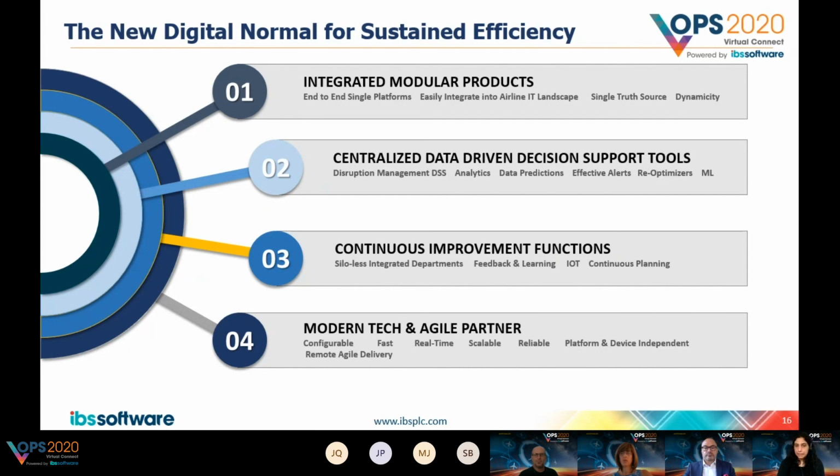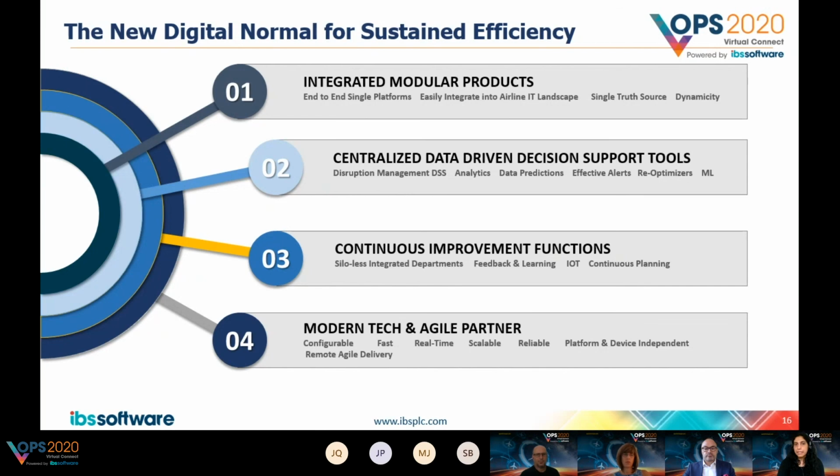And on the tech practices and partnership side, more agile partnership and a higher focus on the non-functional side, like speed, scalability and reliability in remote work environments. And platform- and device-dependent self-service applications supporting partners and remote implementation partners.